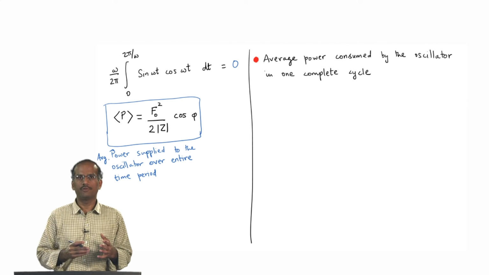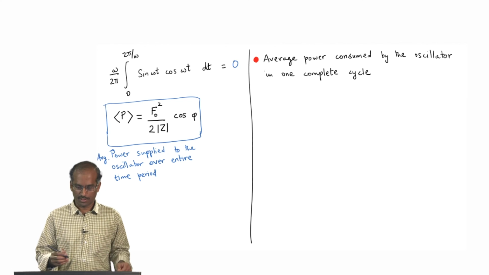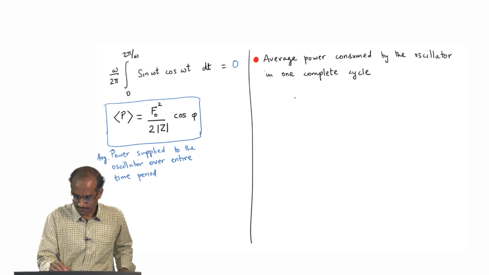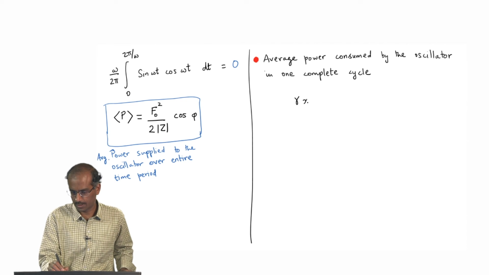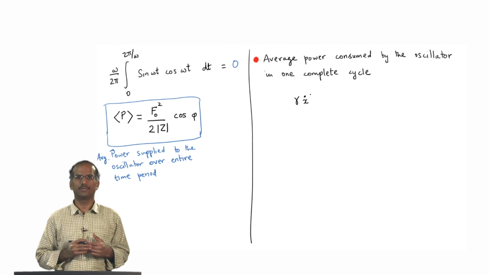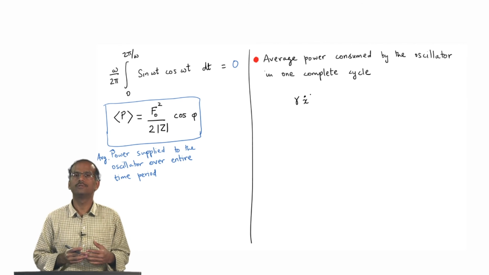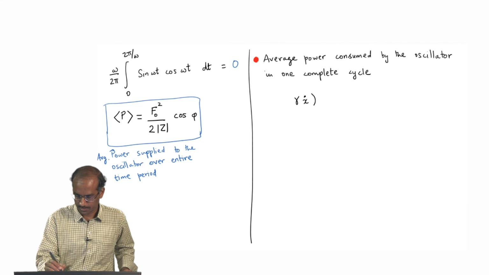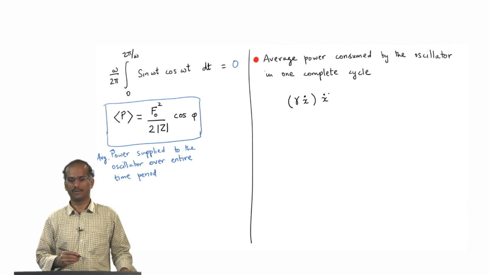So, that will involve the frictional force, and we know what the frictional force is. The frictional force here is gamma x dot, and I want to know the rate of work done against the frictional force. So, that will be this multiplied by velocity.